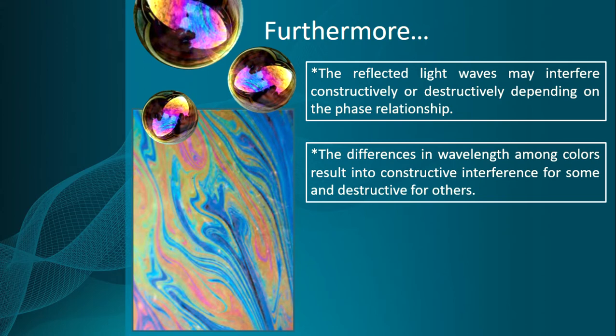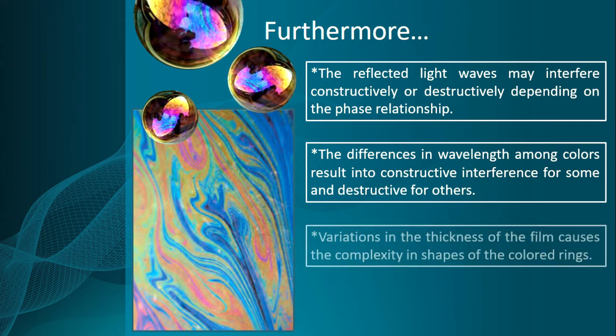The differences in wavelength among colors result in constructive interference for some and destructive for others. Variations in the thickness of the film cause the complexity in shapes of the colored rings.